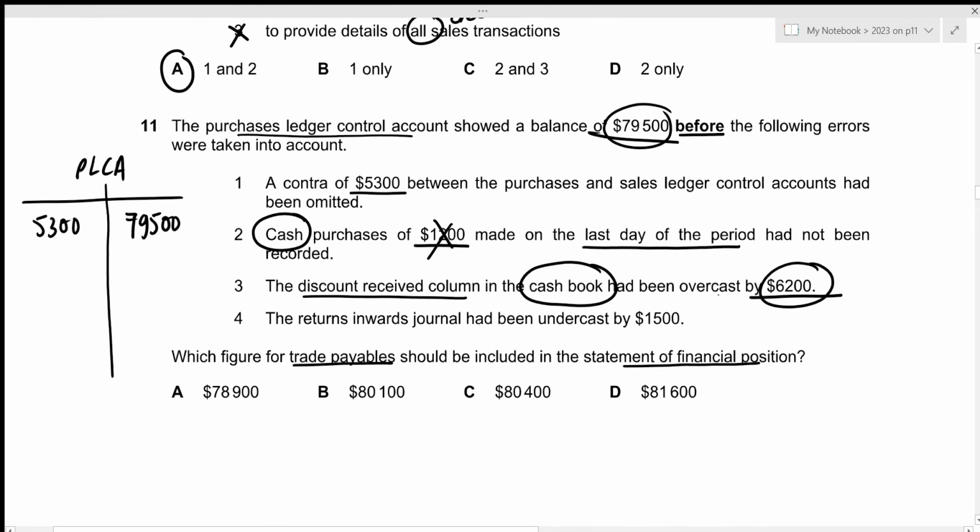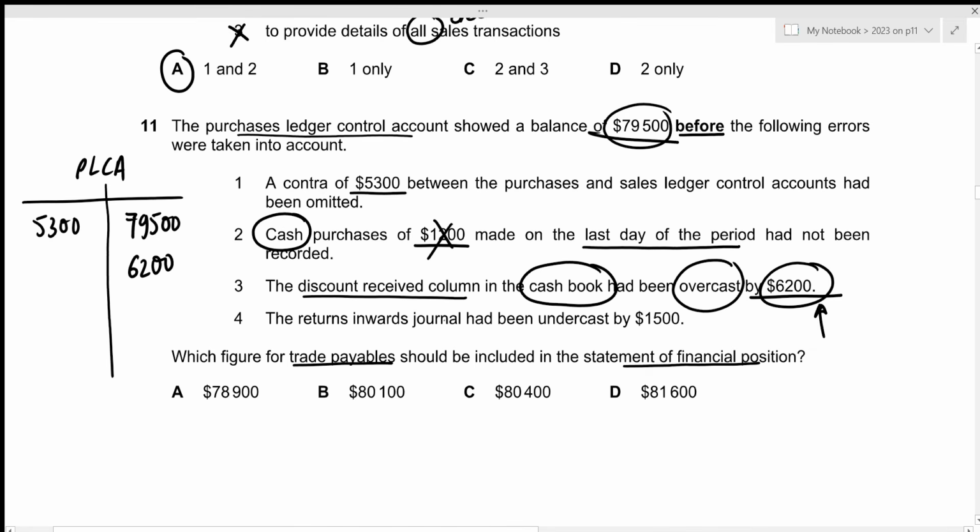And we're talking about the discount received column being overcast by 6,200. Remember that we normally enter the discount received on the debit side within our purchases ledger control account. And since this is an overcast, in order to rectify this error, we just have to enter the overcast amount on the opposite side. And discount received normally would be on the debit side, which is why this overcast of 6,200 will go on the credit side.